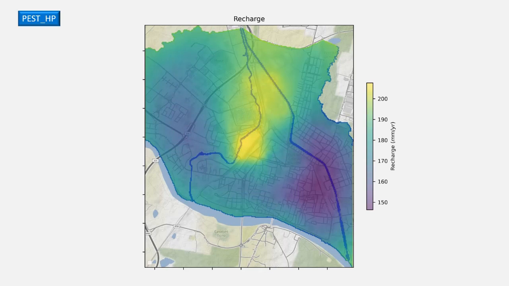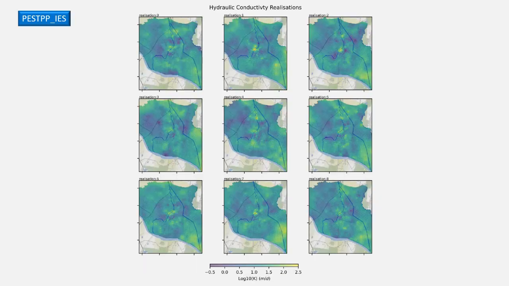So now I have a parameter field that allows the model to respect heads and allows the model to respect contaminant concentration measurements, including contaminant concentration measurements of zero, that is, non-detect. I then repeat this process 300 times using the PEST PP IES Ensemble Smoother.